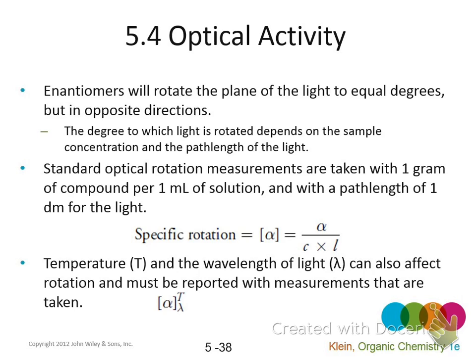So if you have a concentration solution in a tube like this, or the same concentration in a tube that looks like this, there's more molecules for the light to pass through here than there are here, so the light rotates more.